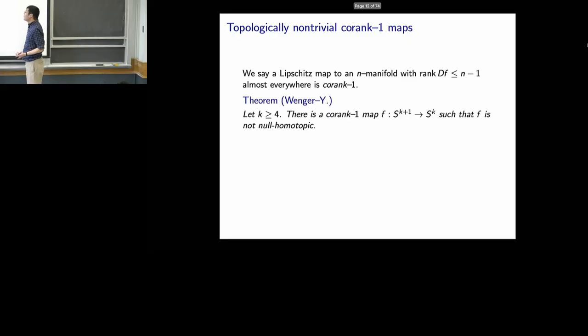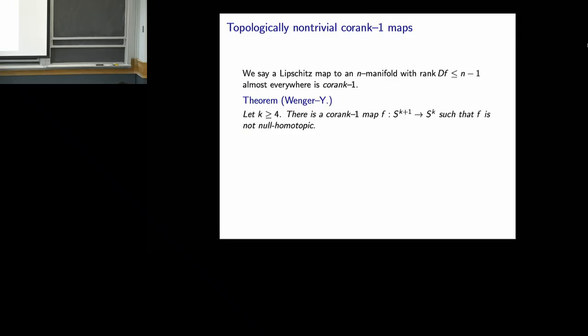Again, if you have a smooth map like this, so let me stand here. If k is greater than or equal to 4, then you can construct a Lipschitz co-rank 1 map from the (k+1)-sphere to the k-sphere which is not null-homotopic. Again, this is impossible in the smooth case because of Sard's theorem.